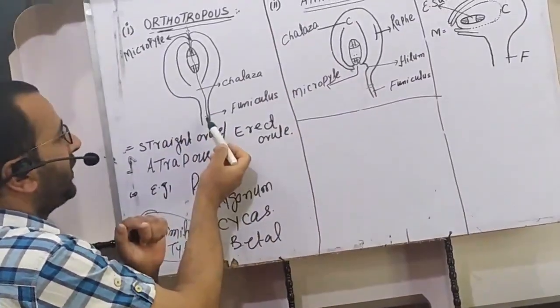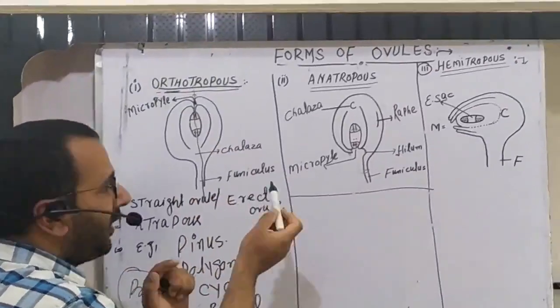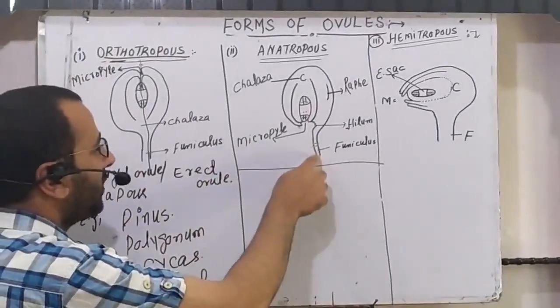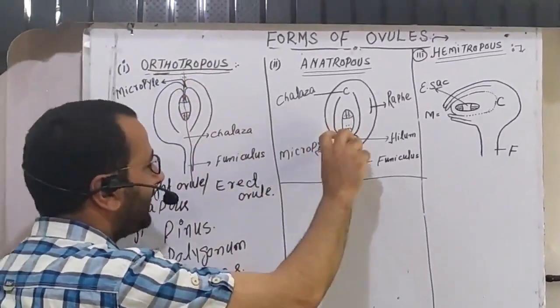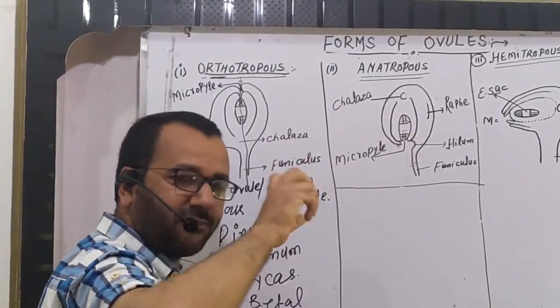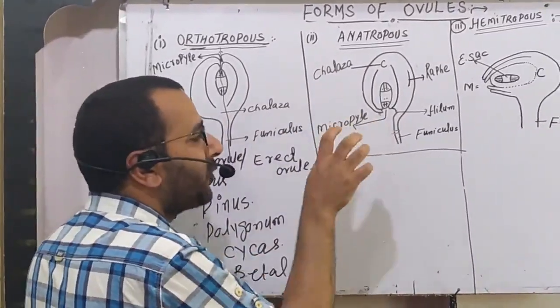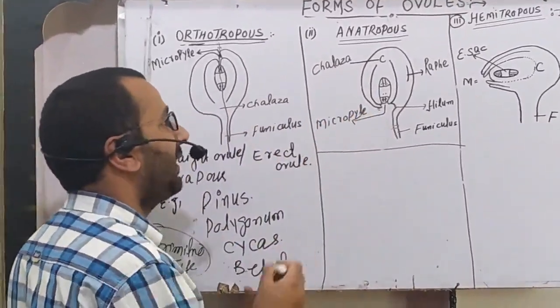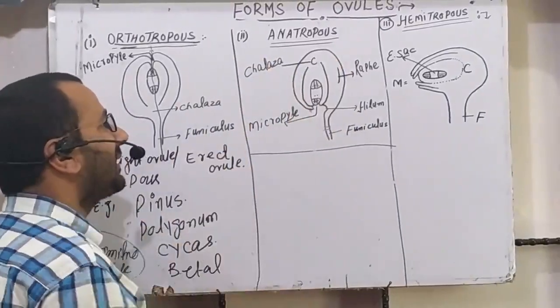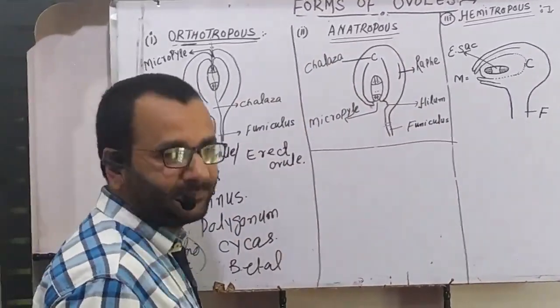Here, funiculus was at this end, micropyle was at this end, but in this ovule, funiculus and micropyle have come close to each other. The ovule has shown such curvature that funiculus and micropyle have come close to each other, while chalaza lies opposite to the micropyle.